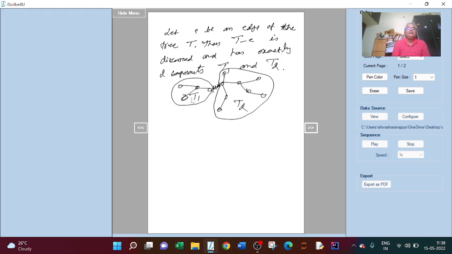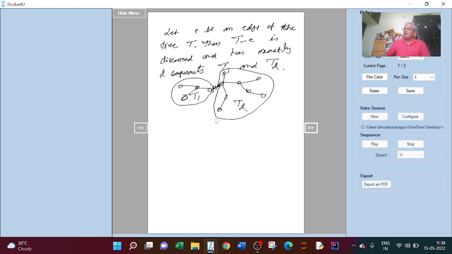Now let me consider T1 is a tree with P1 vertices and Q1 edges. T2 is a tree with P2 vertices and Q2 edges. Then the number of vertices in T1, that is P1, plus the number of vertices in T2, that is P2, is nothing but the total number of vertices in T. That is, P1 plus P2 is equal to P. And if we have Q1 edges in T1, Q2 edges in T2, then Q1 plus Q2 is equal to the total number of edges minus 1.